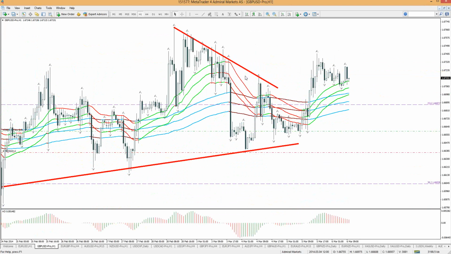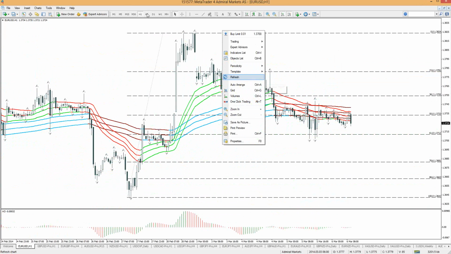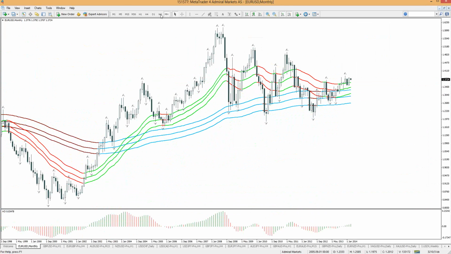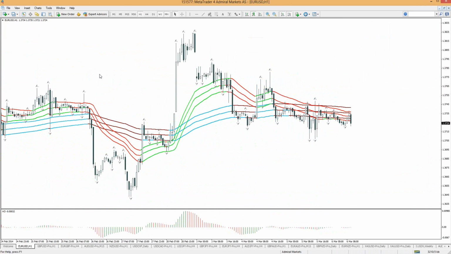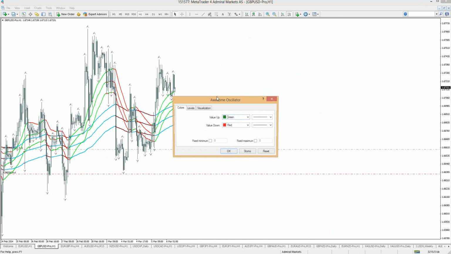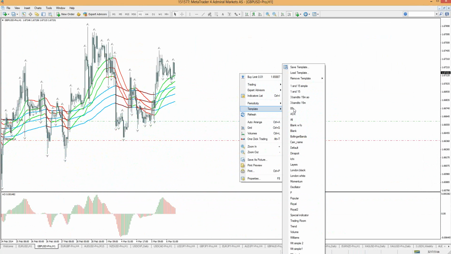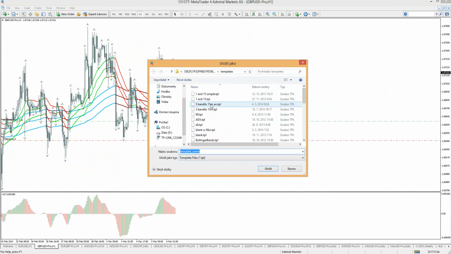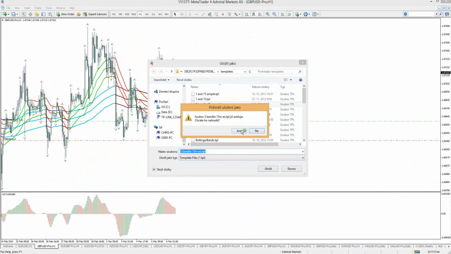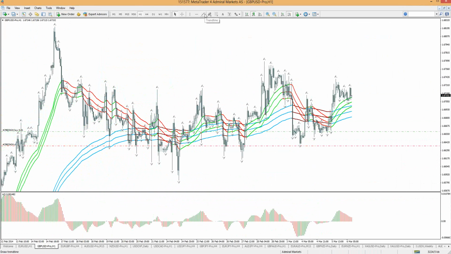Just give me a few seconds. I just have to remake this template because it wasn't proper. Okay, so I'll draw those lines again.